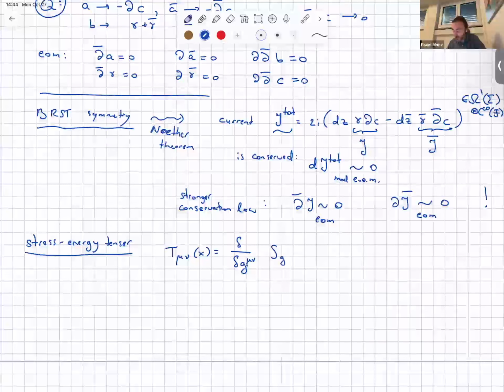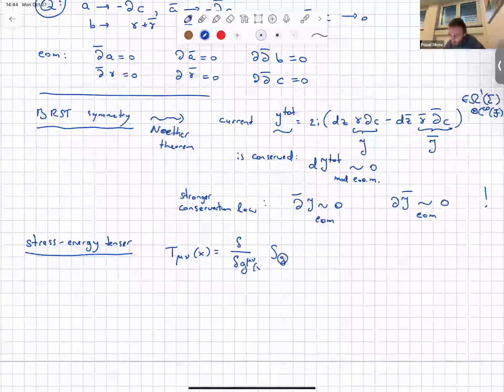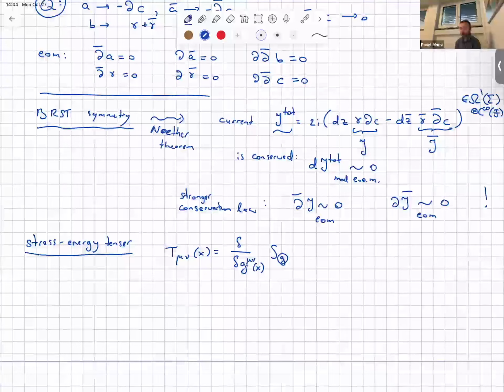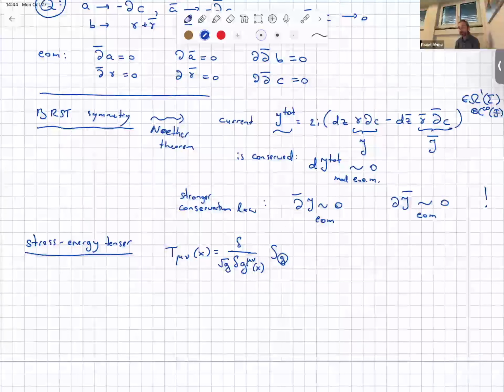Let me write S_G explicitly, with a subscript G to indicate that S depends on the metric, and take the variational derivative with respect to the inverse metric, perhaps with normalization factors like the square root of the determinant of the metric.